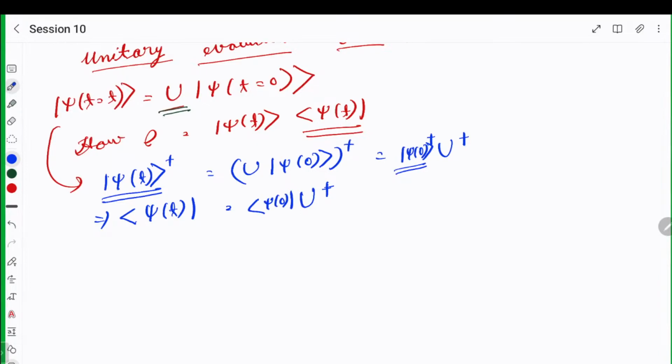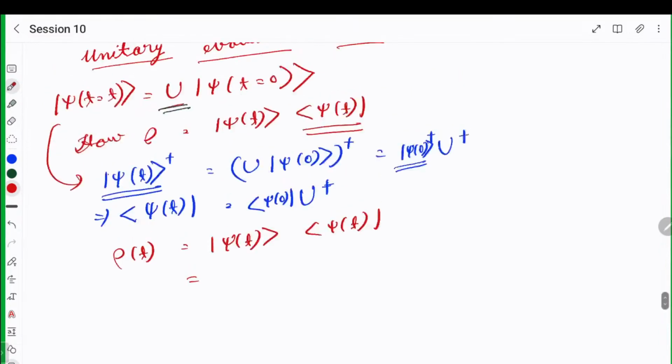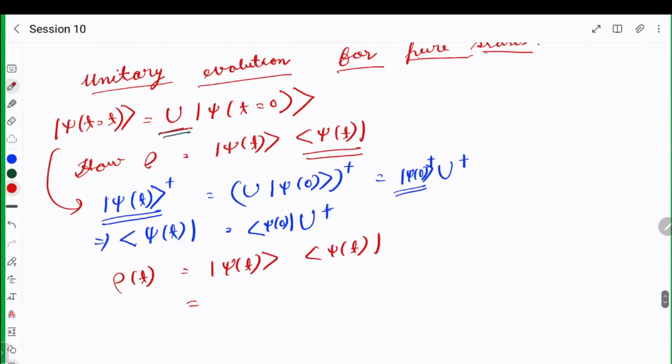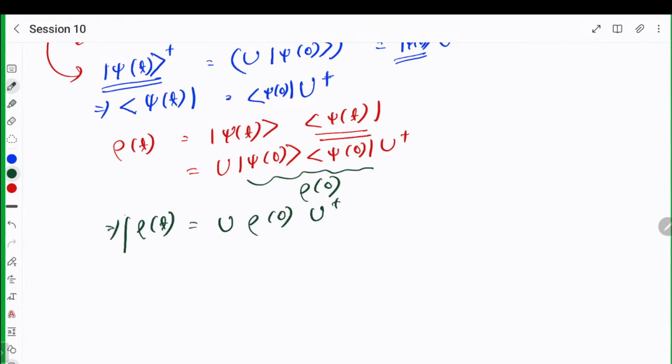Now, what is rho t? Rho t is just psi t outer product psi t. And ket psi t, you see, is just u acting on psi 0. And bra psi t will just be bra psi 0 and u dagger acting on it from the right hand side. And what is psi 0, psi 0 outer product? This is nothing but rho 0. So u rho 0 u dagger.